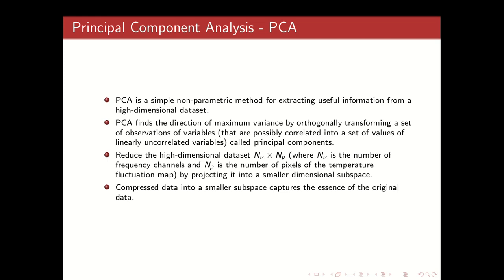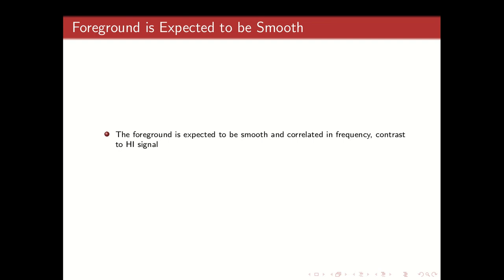The compressed data set usually captures the essence of the original data. We have an advantage that, as many colleagues have already pointed out, the foreground is expected to be smooth and correlated in frequency. This property enables PCA to cluster the foreground contaminant information and strip it off the sky.